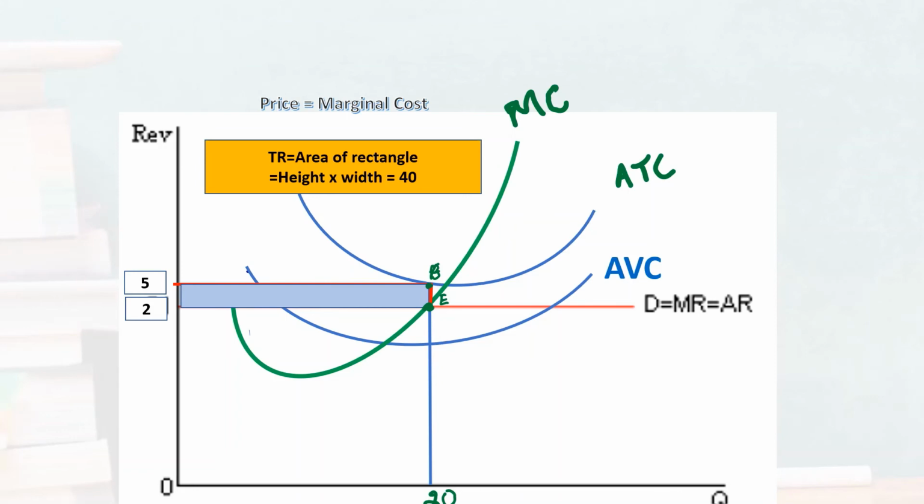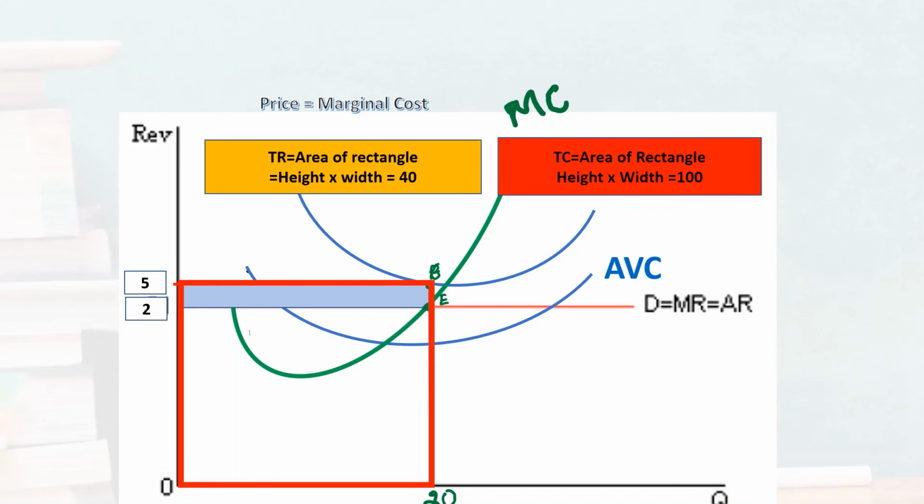So it is equal to 40, and then the total cost is the area of this. Approximately it looks like a square, but it is equal to 100, and you just multiply 5 with 20.